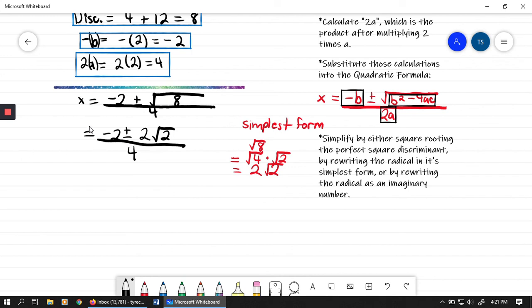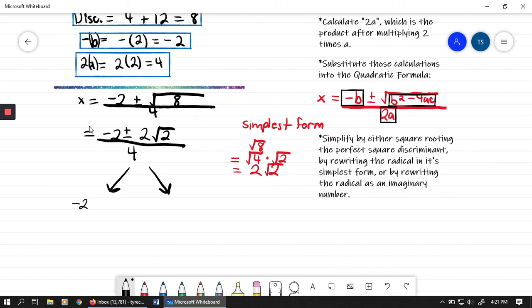So first off, the way that I'm going to write this as of right now is as two separate fractions, and then we're going to see if we can simplify each fraction.